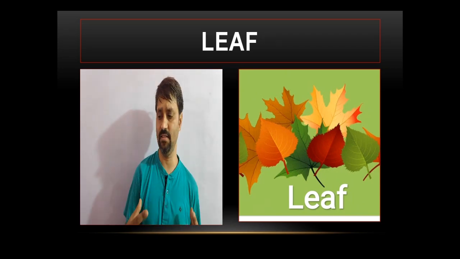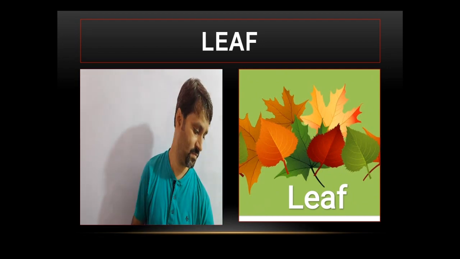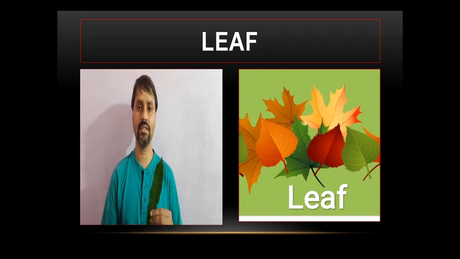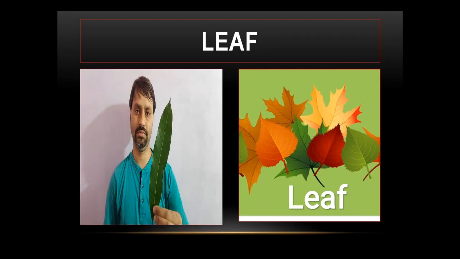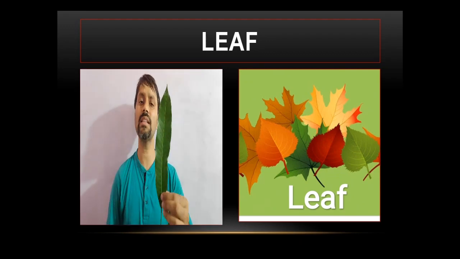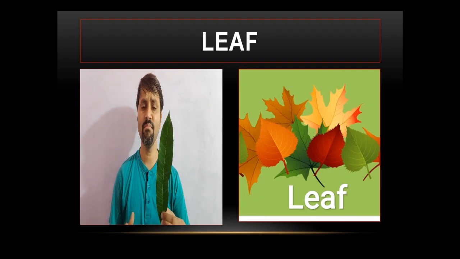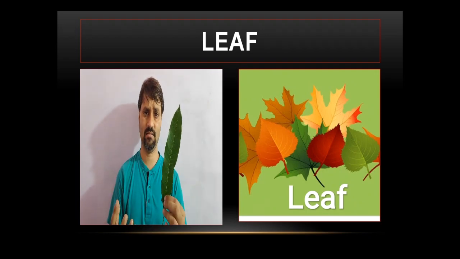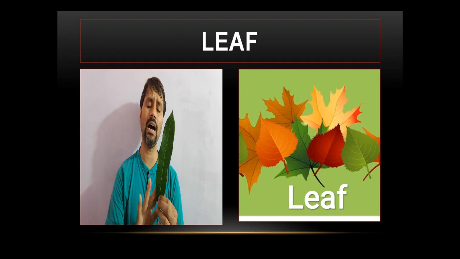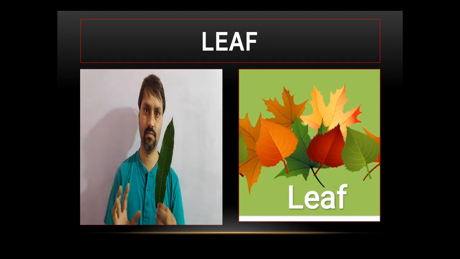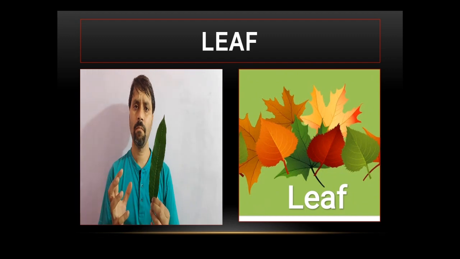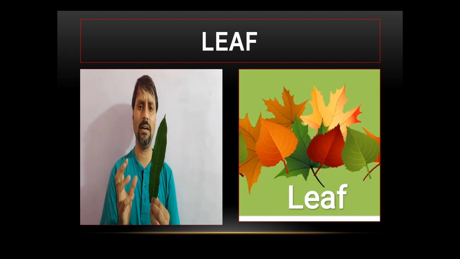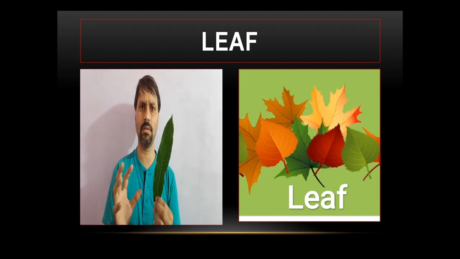What is a leaf? Look here. This is the leaf. You have seen this? This is the mango leaf. We usually recognize the plants with the help of the kind of leaf present, and we also identify the various organs of the plant.